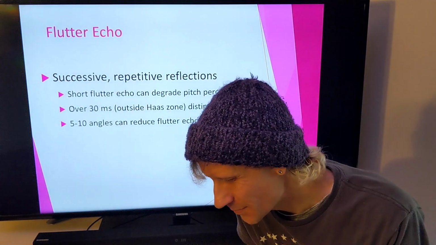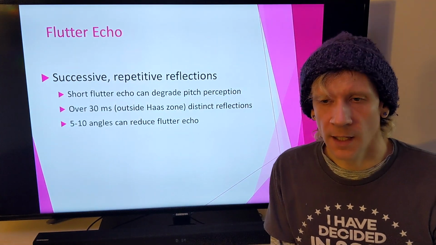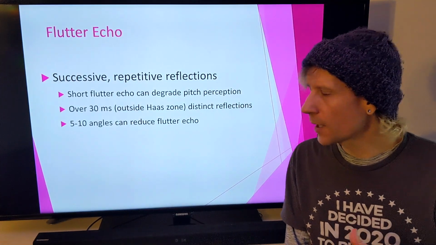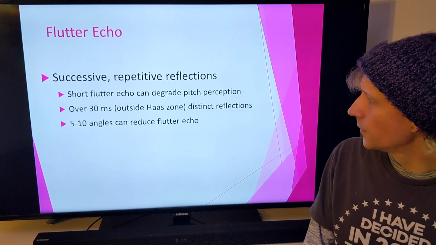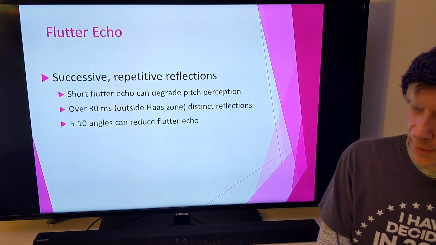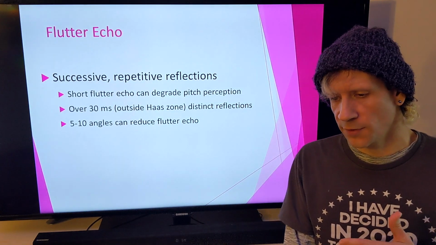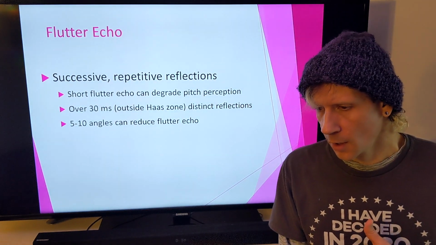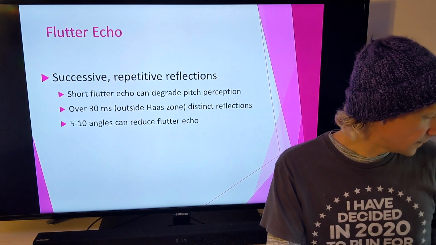That just boingy, nasally, echoey sound, and that's an okay example of Flutter Echo, at least as best as I can do here in my living room. And so what we're focused on with diffusers is direct reflections and Flutter Echo and things like that.